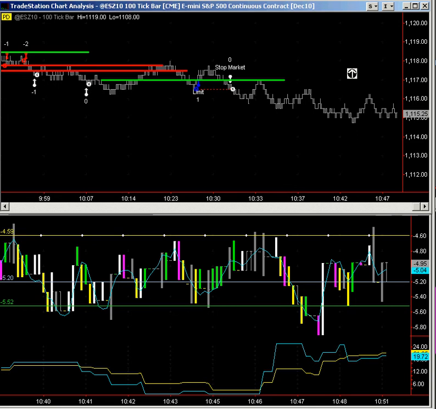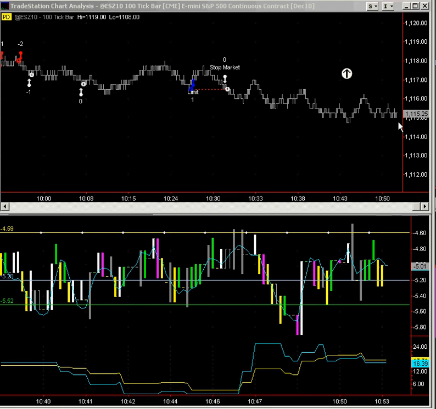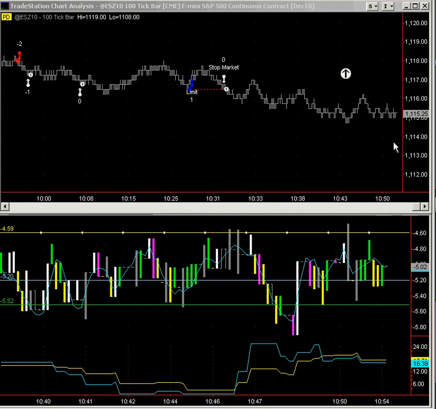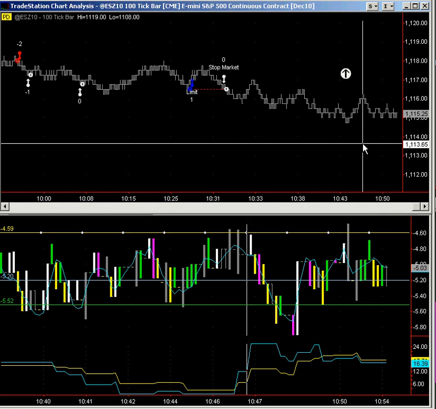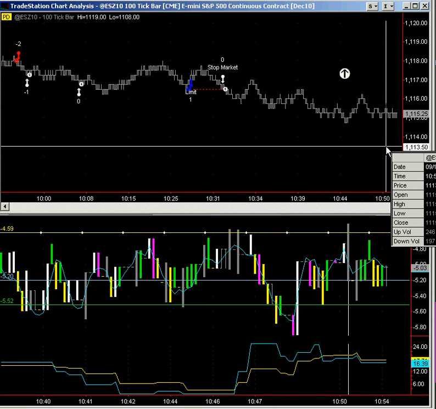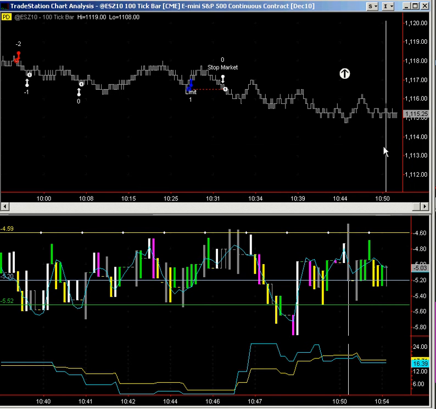Now, when this drops below, that could be a very good time for an entry. Very good time for an entry. I'm just looking at how we're developing the situation here, and right here we have a setup bar. Right there is a setup bar.